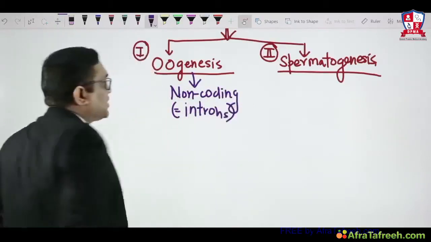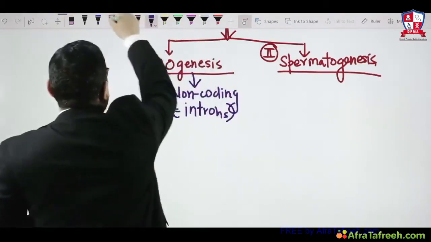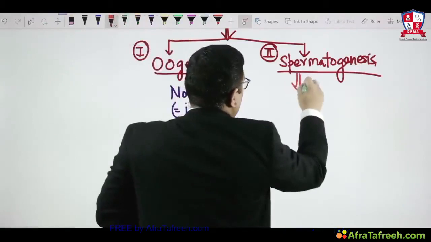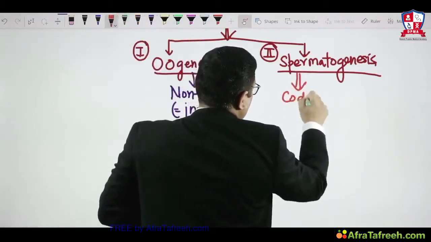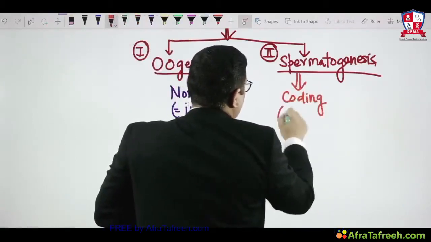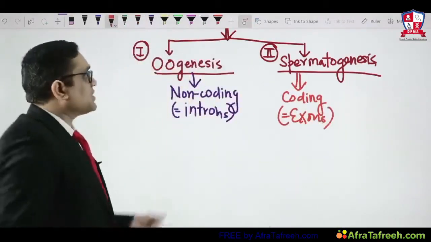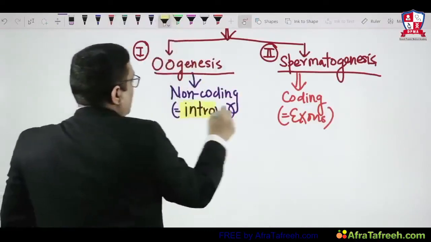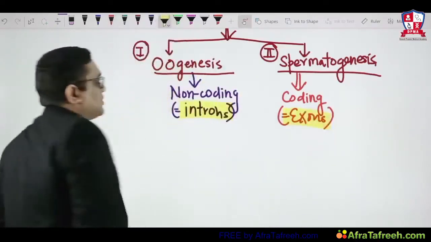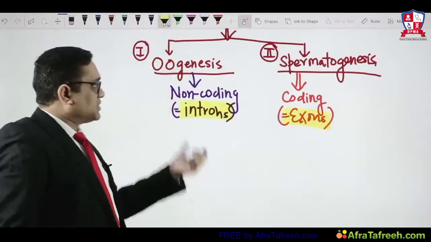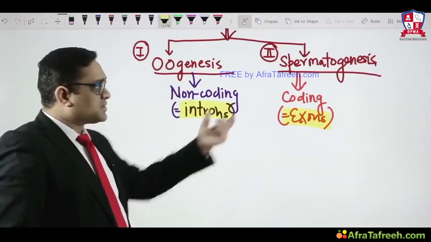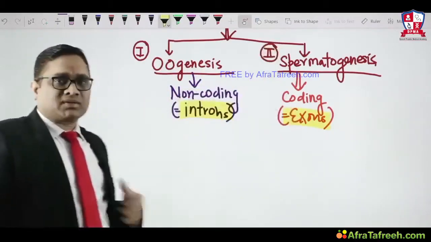So their target is introns, whereas in spermatogenesis they will be targeting coding areas, and we all know that coding areas are called exons. So that is another important area which the examiner is asking nowadays in the exam: introns and exons, oogenesis and spermatogenesis. So oogenesis will be involving intronic areas, spermatogenesis will be involving exonic areas.